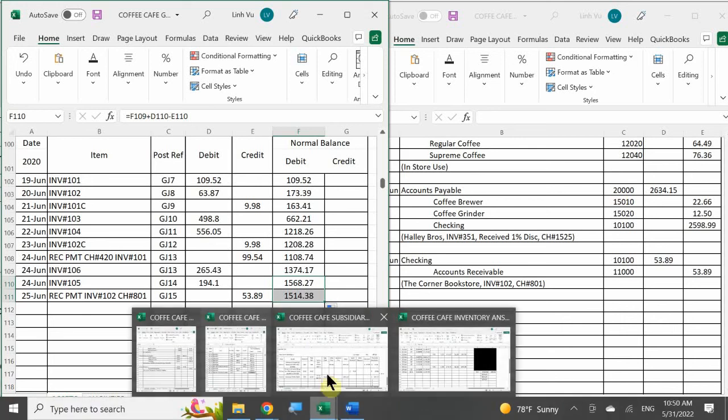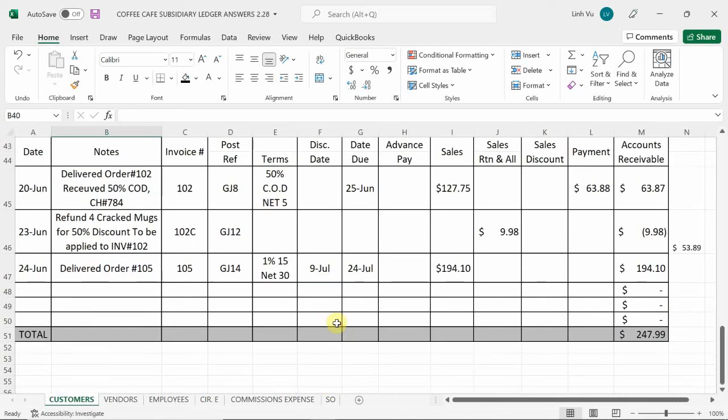And of course, you also have to update this so you have the correct amount reflecting how much they actually truly owe you. So in this case, it's the 25th. Received payment, check number 801 for invoice number 102. All you have to do is go to receive payments for $53.89.